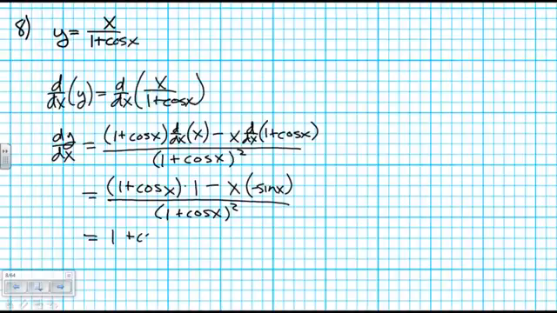So distributing this negative through, we end up getting 1 plus cosine x plus x sine x, all over 1 plus cosine x quantity squared. This might be also a good one to confirm using the calculator.